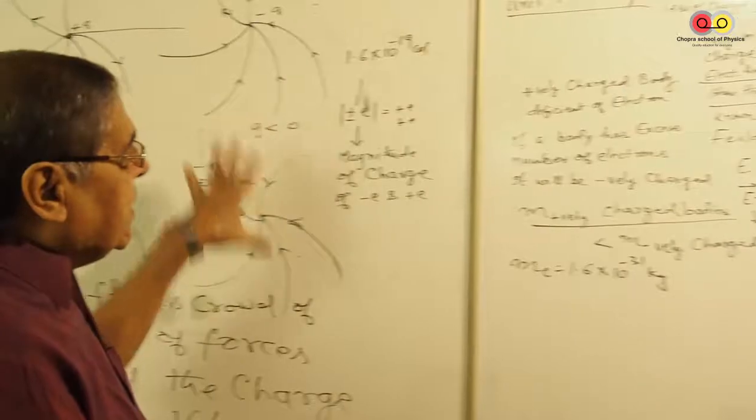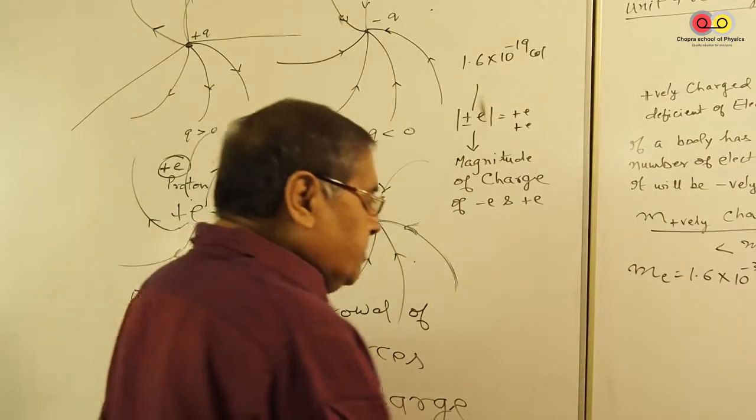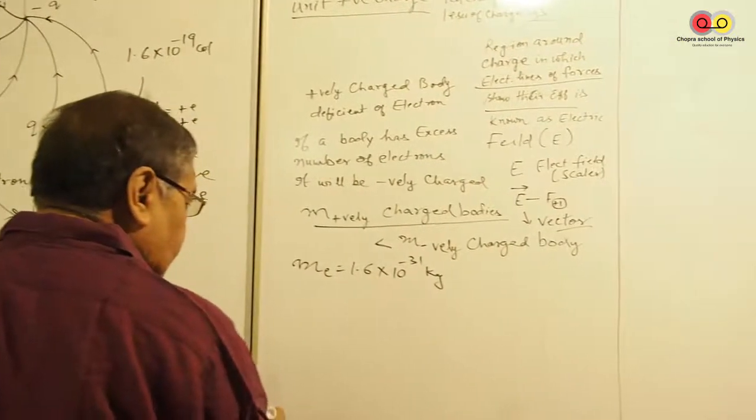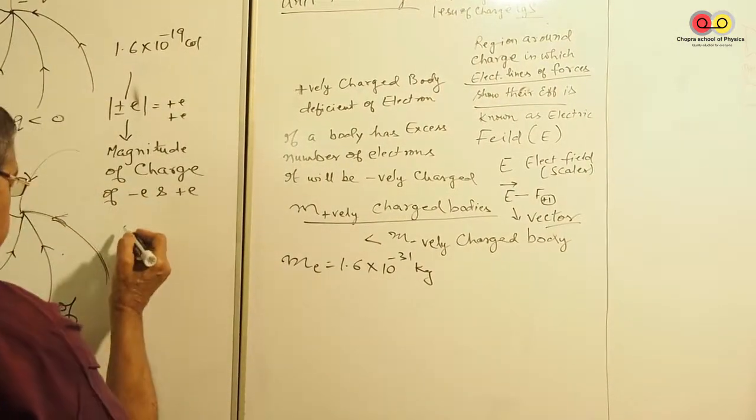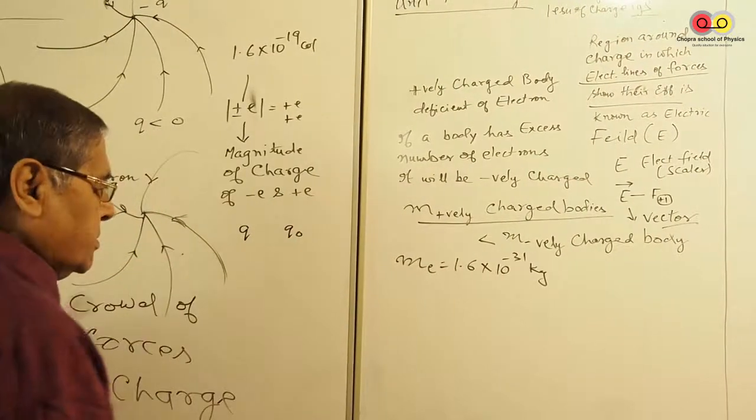So these are some basic definitions you have gone through. Now you will remember that there are two types of charges. One is called Q and the other is called Q naught.